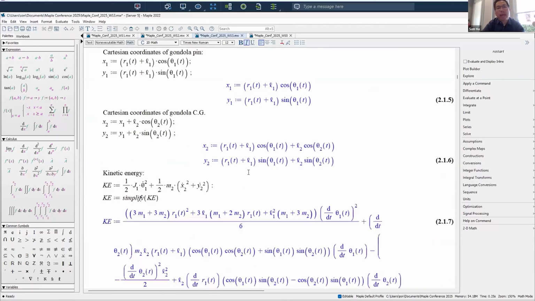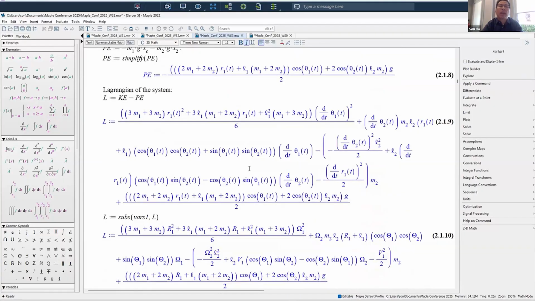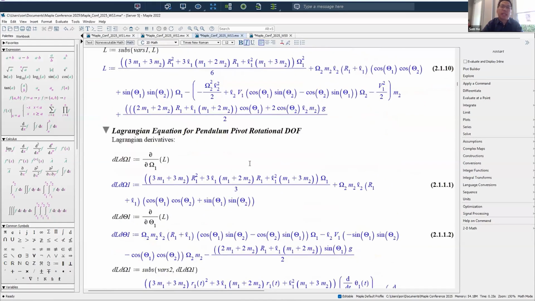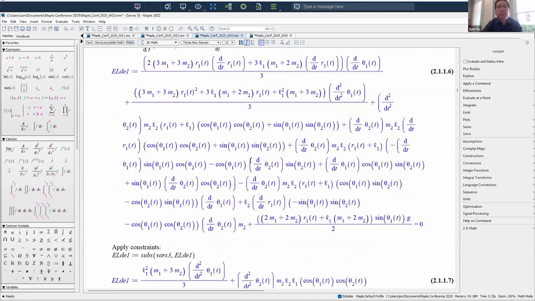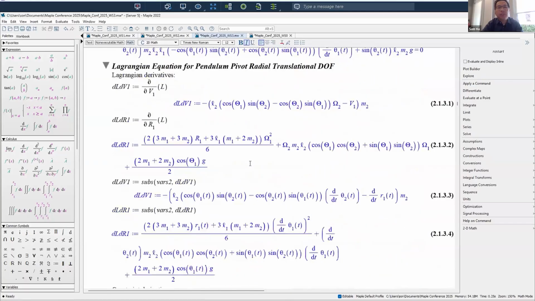And we go through all the math, and now it's getting much more cumbersome. This is where I appreciate that Maple can help me do this, because it's hard to do this by hand without mistakes, at least for me. So we go through all of these and plug in the values.